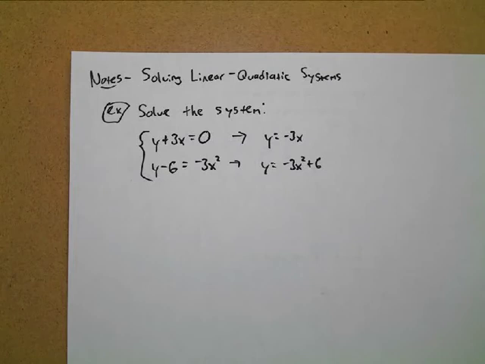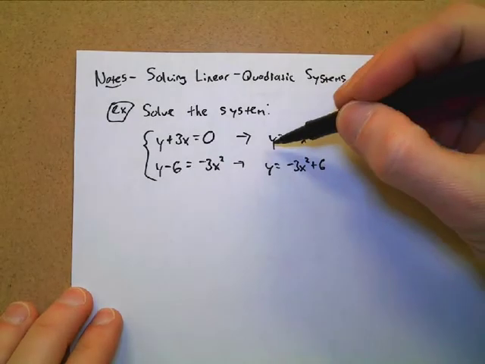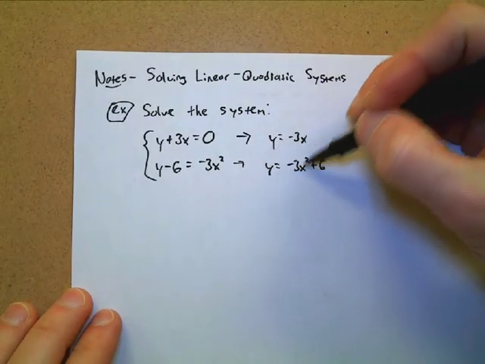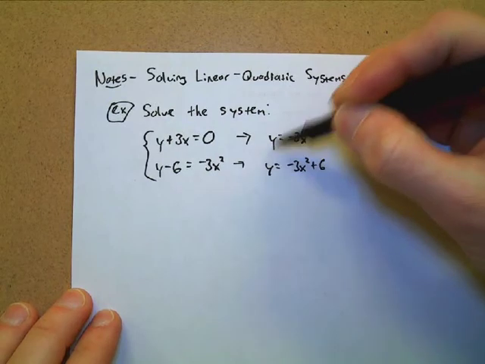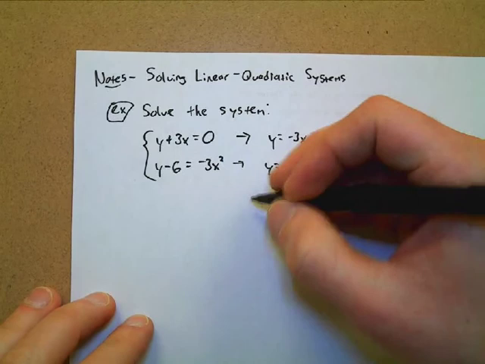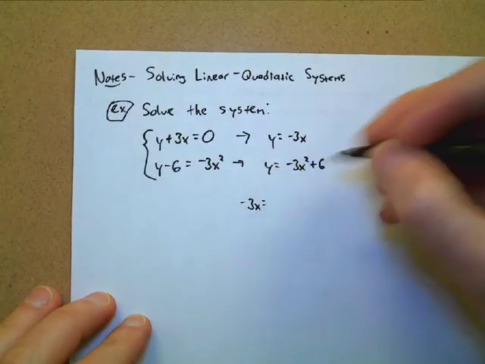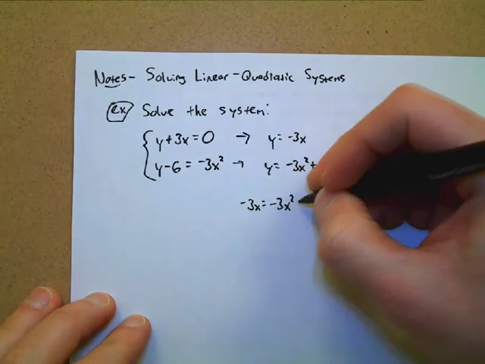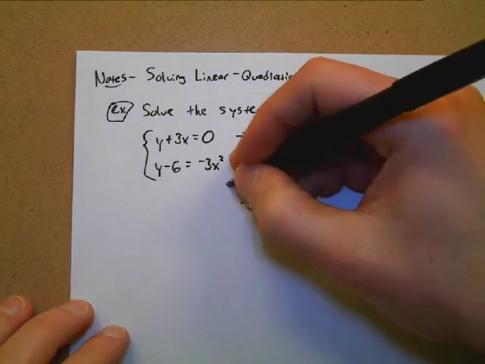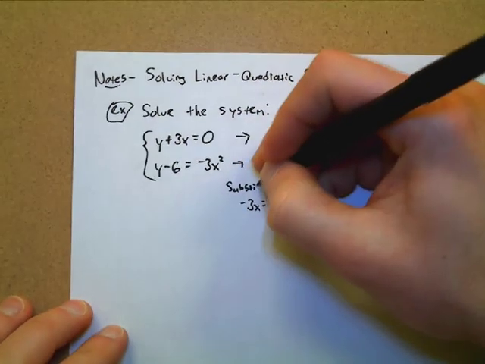In this system, we have that y is the same as negative 3x. We also have that y is the same as negative 3x squared plus 6. These two y's in this system are describing the same y value. So we can set negative 3x equal to negative 3x squared plus 6. So this is using substitution.